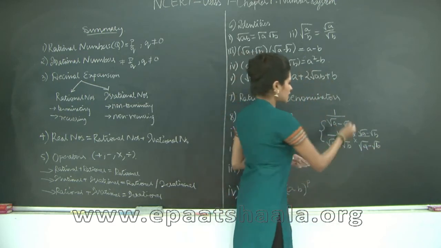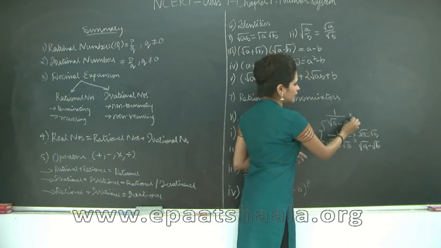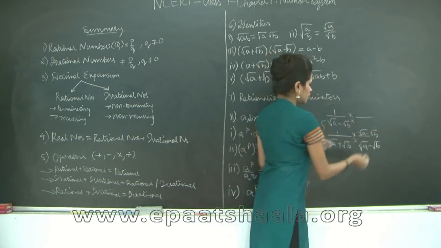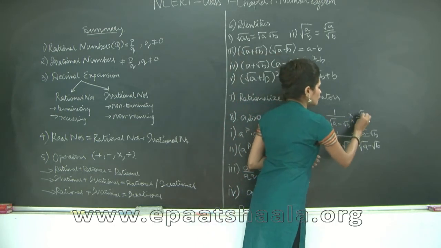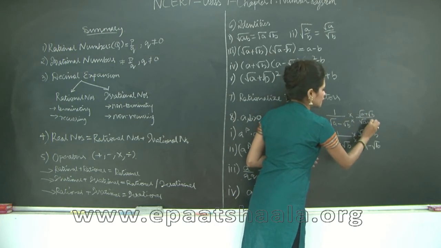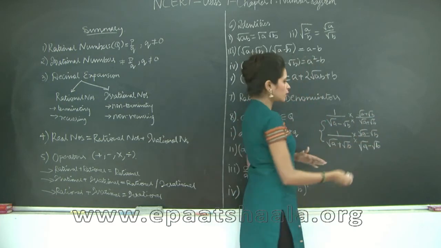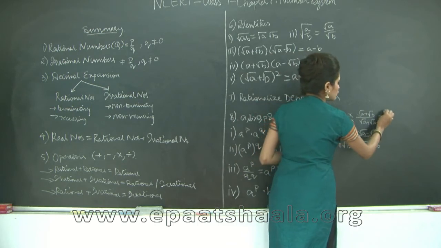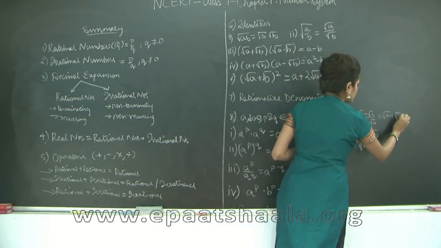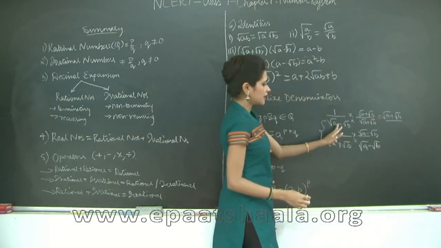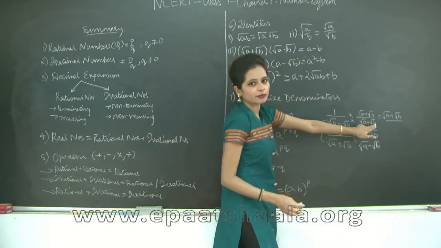Similarly, for this first one, I am going to multiply and divide the numerator and denominator with the rational factor, which is root of a plus root of b. So, what is the output that we are going to get in both of the cases? I will get root of a plus root of b upon, now this is root of a minus root of b into root of a plus root of b.